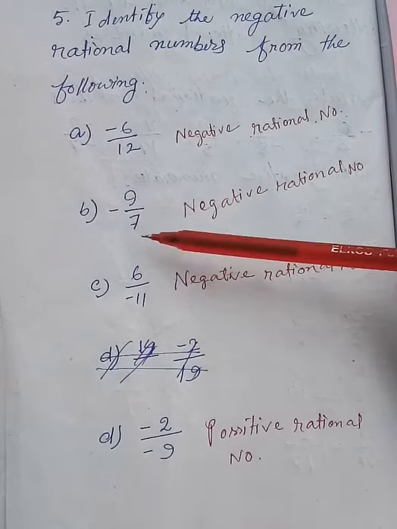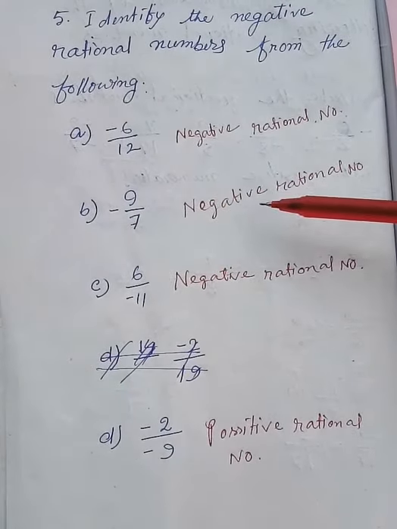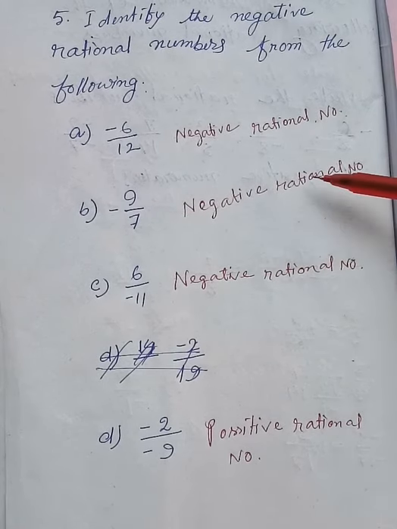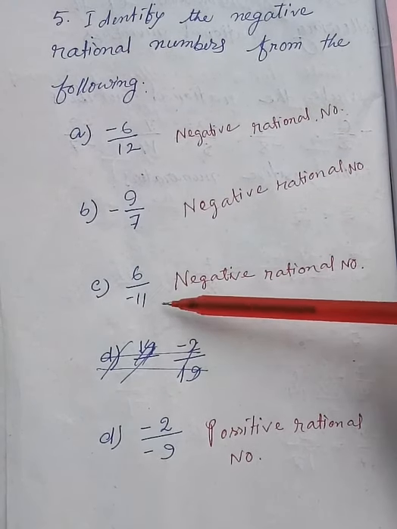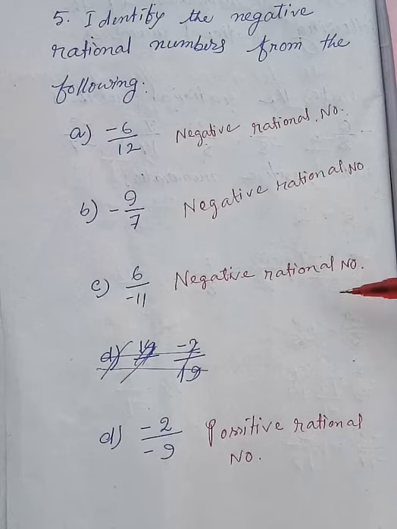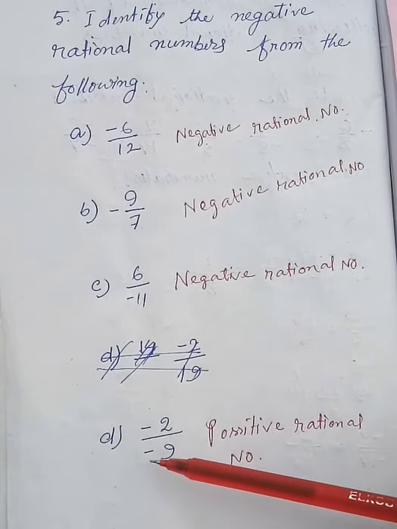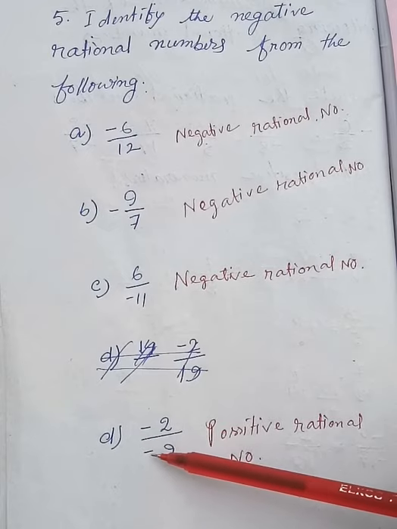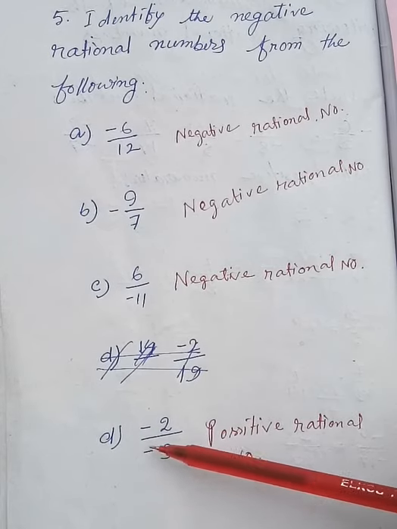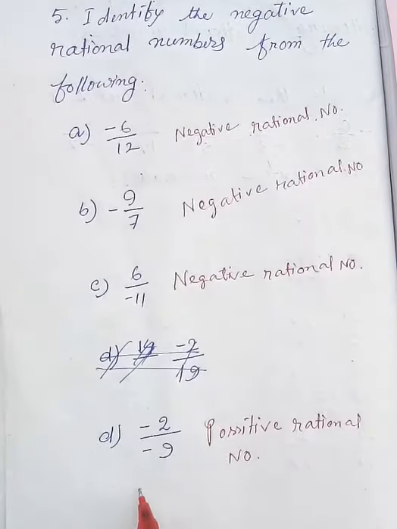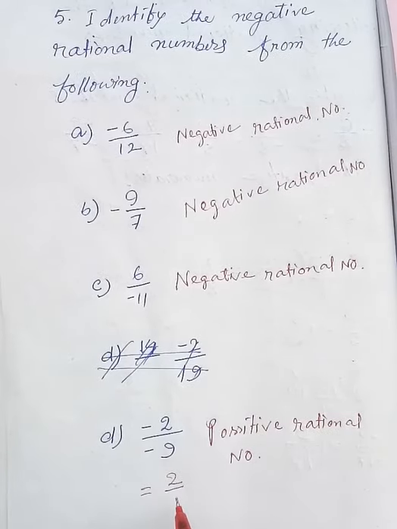Minus 9 by 7, clearly there is a minus. So it is also a negative rational number. Similarly, this is also a negative rational number. But number D, here is minus, here is minus. Both numerator and denominator are negative, and we know it can be rewritten like this, 2 by 9.